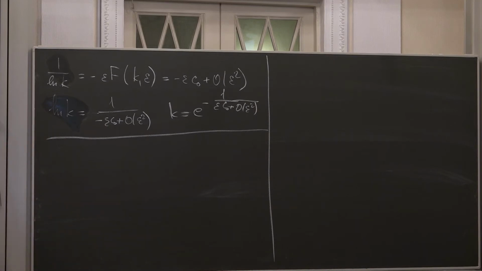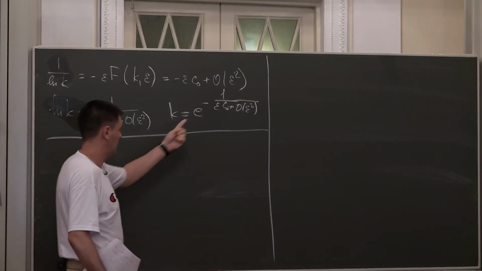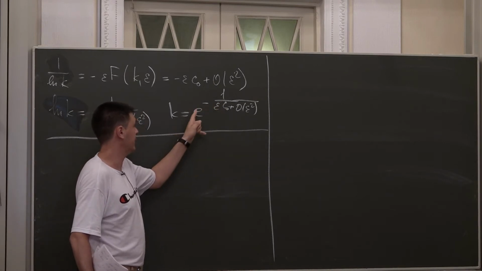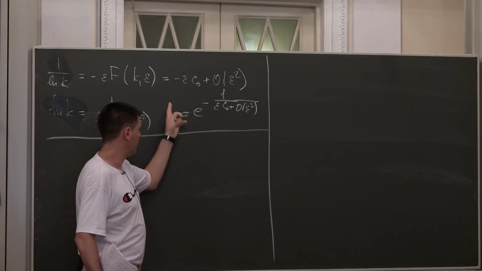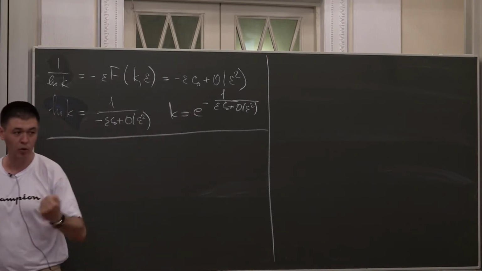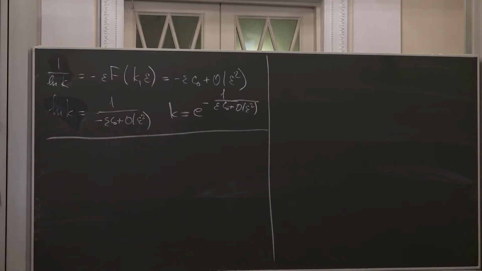So we see now that this root of this equation, if c0 is positive, for instance, then this root is exponentially small. It is not power like in one-dimensional case. Now it is exponentially small, and the explanation of this effect is very simple.